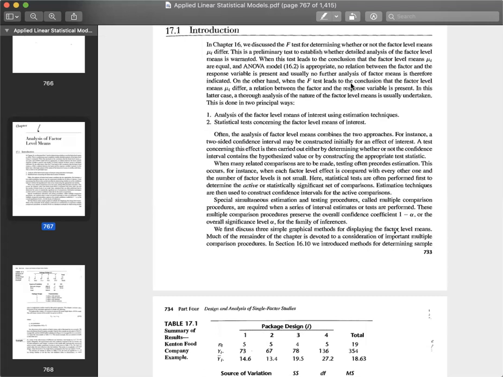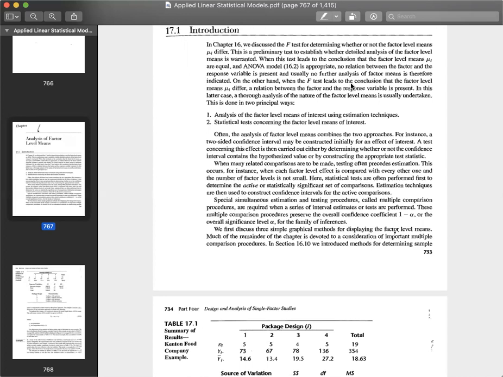When many related comparisons are to be made, testing often precedes estimation. This occurs, for instance, when each factor-level effect is compared with every other one, and the number of factor levels is not small. Here, statistical tests are often performed first to determine the active or statistically significant set of comparisons.